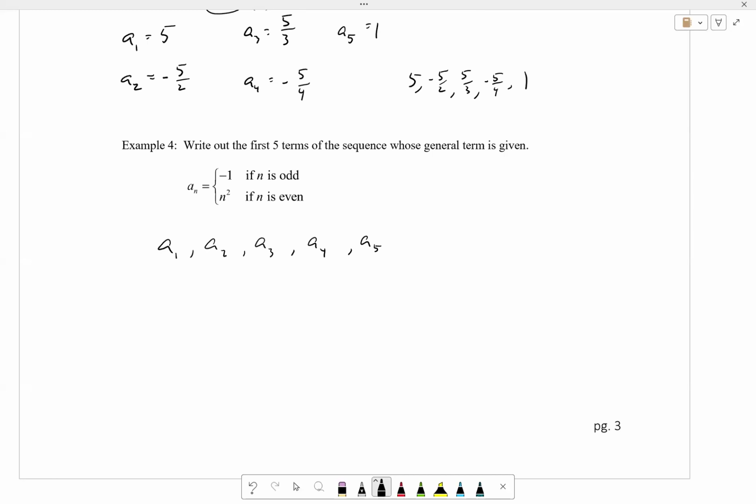I mean, 5 different values. Any idea? Check with the neighbor, see what they have.